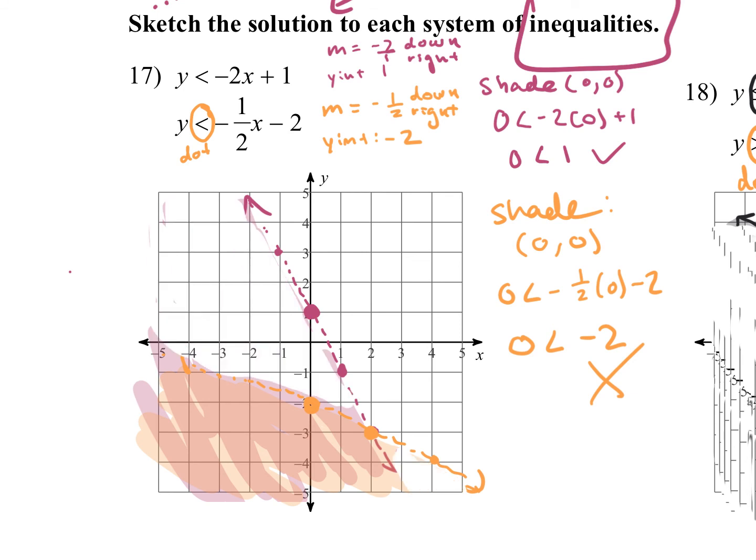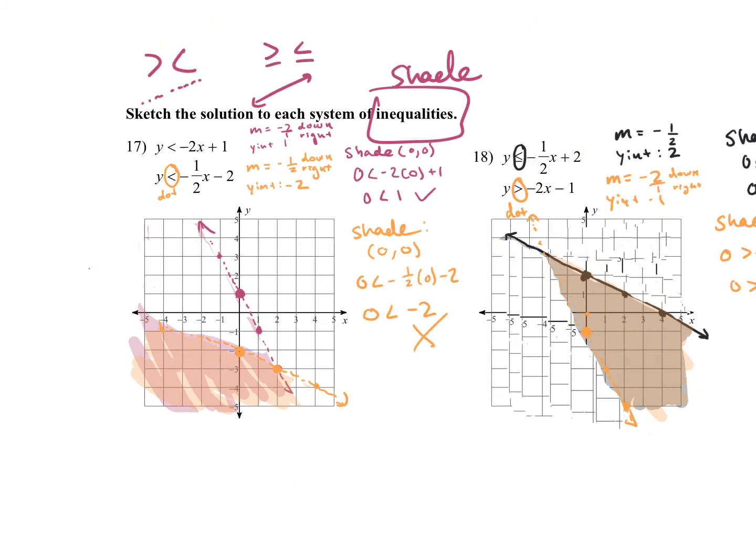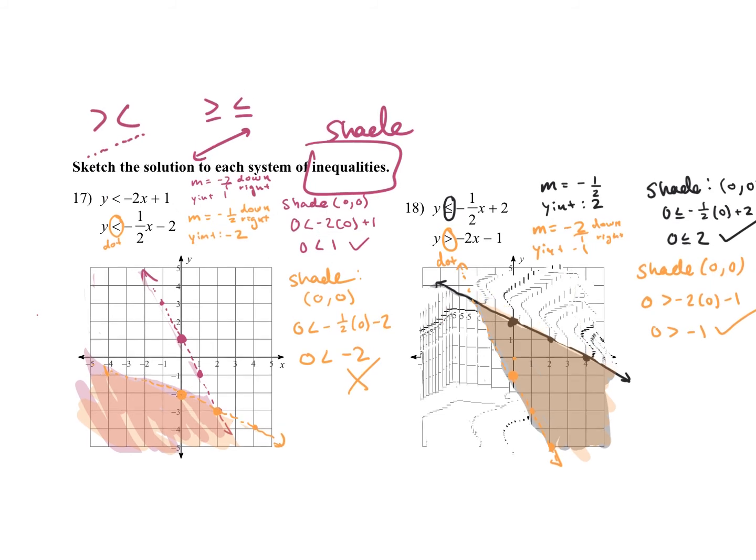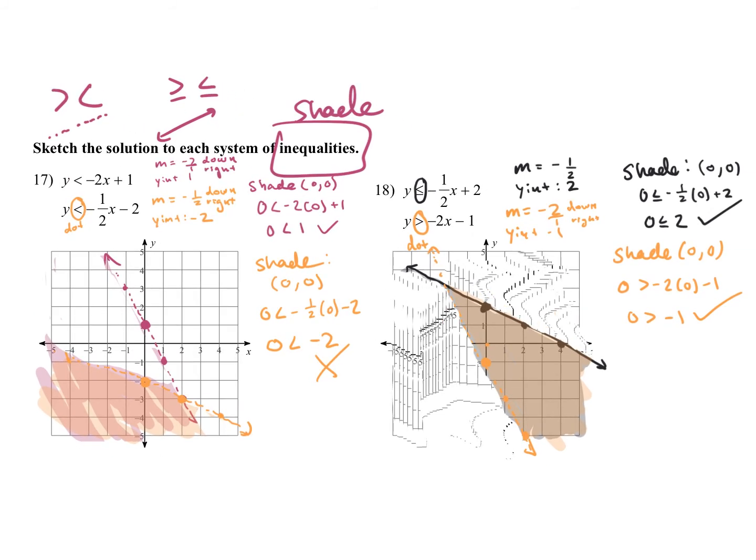So then that's your answer. You just keep what's overlapping and you want to keep your lines too. Do you guys have any questions here? All right, we did 18 together in class, so there's 18.